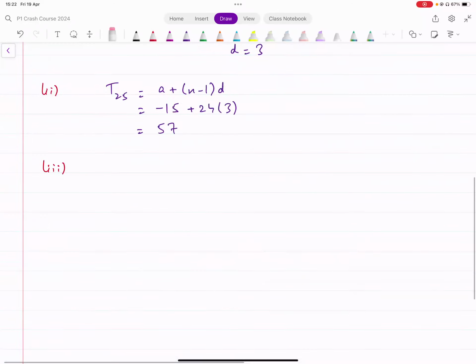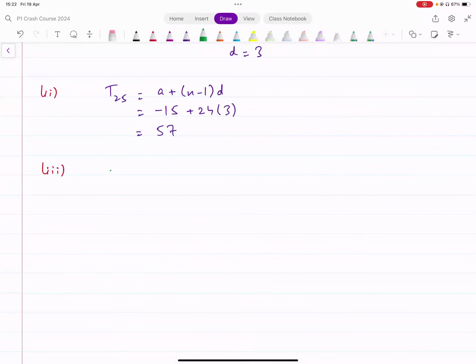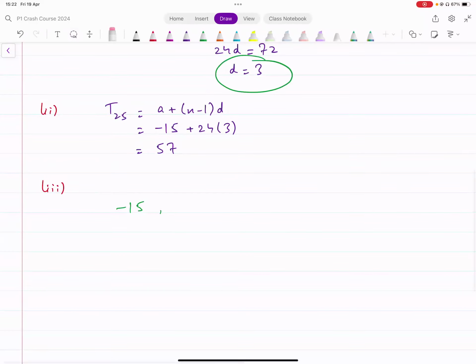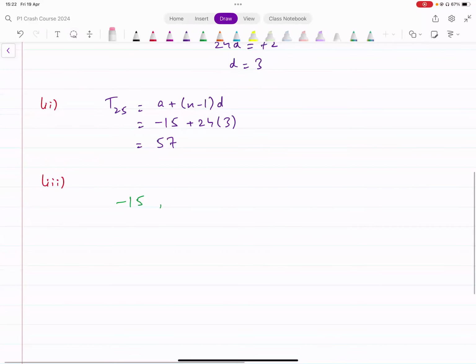Okay. So how do we figure out when it becomes positive? We know that the first term is minus 15, and since the difference is 3, you're adding 3 to get the next term every single time. Minus 15, then the next term would be minus 12, the next would be minus 9, then minus 6, then minus 3, then 0, then 3, and then all the way up to 57.